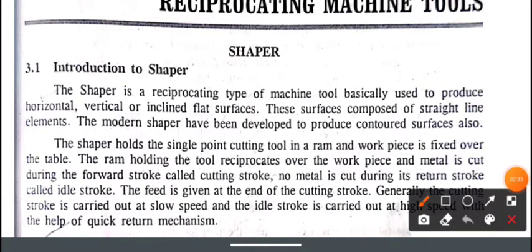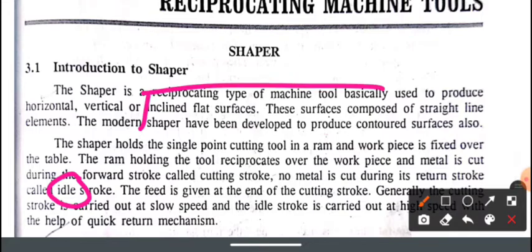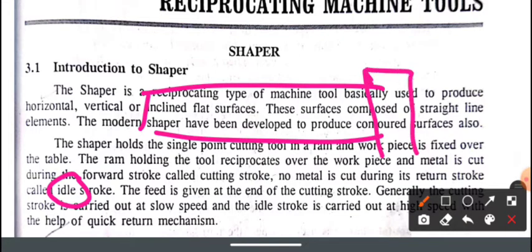What is the meaning of this idle stroke? Idle stroke means, if this is the ram and it consists of this tool post, the tool is attached to this, right?